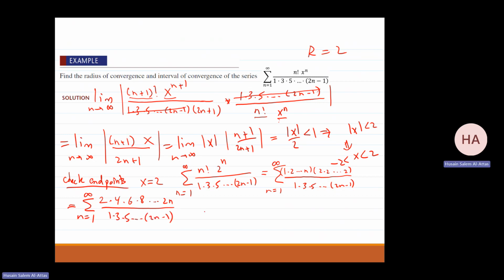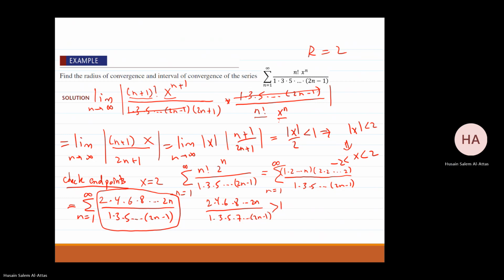Will that help? Yes, because now if you look at this, it will be 2, 4, 6 over 1, 3, 5. 2 is greater than 1, 4 is greater than 3, 6 is greater than 5, and so on. So this expression is greater than 1. So the limit is impossible to be 0, not equal to 0.